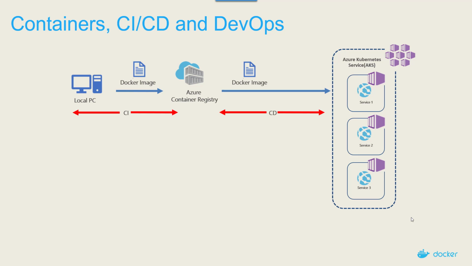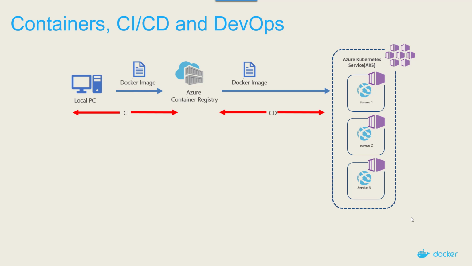And usually, of course, we are not going to deploy that directly to production. We will have different environments, for example, a testing environment, user acceptance testing, and pre-production, and then promote the image from one environment to another.